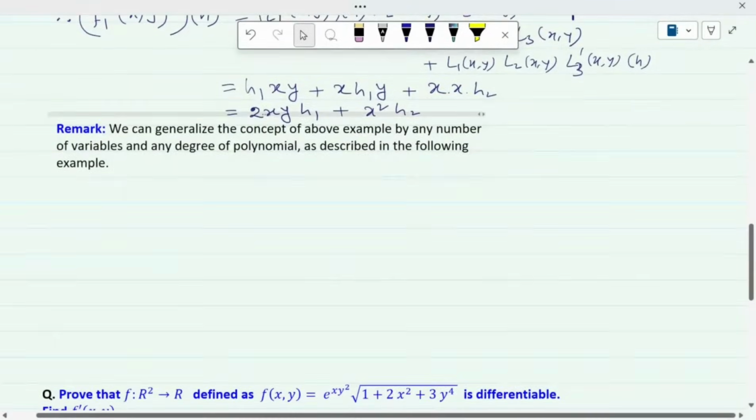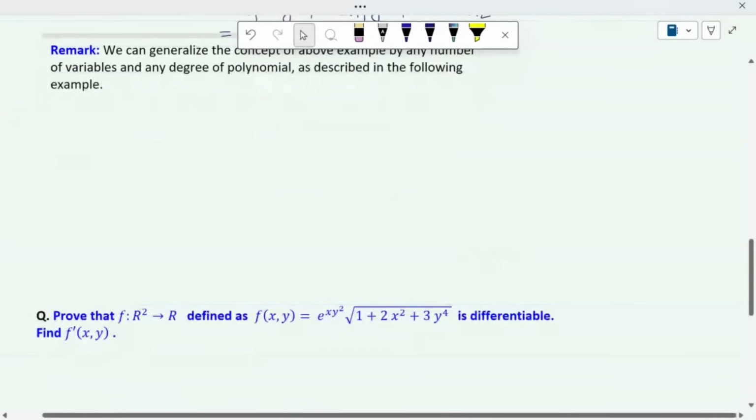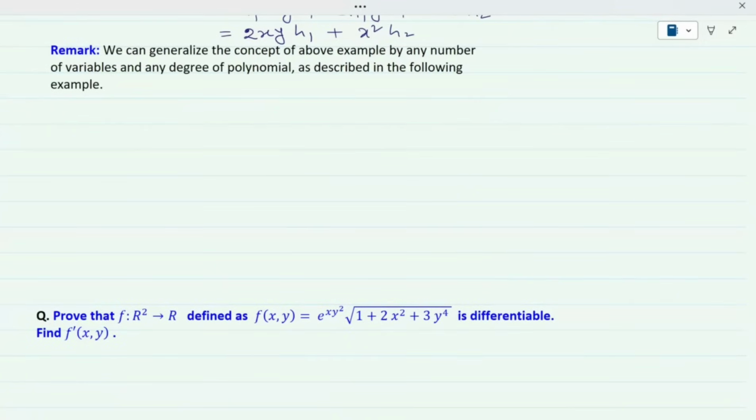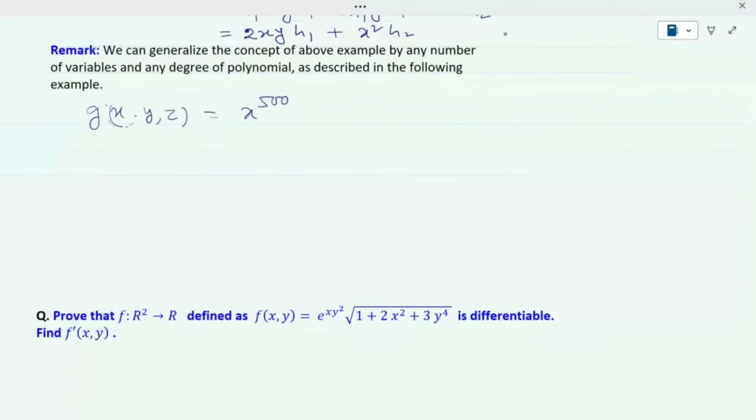Okay, this concept can be generalized further. Let the function be g of x y z, equal to x to the power 500, y to the power 1000, z to the power 90.